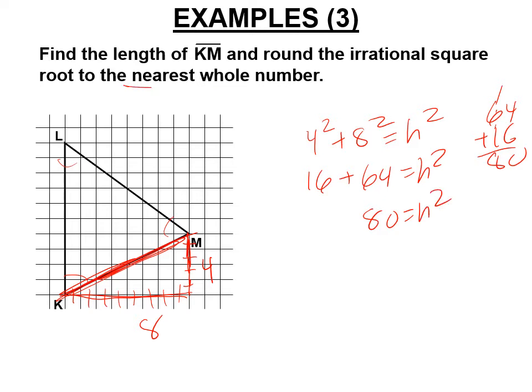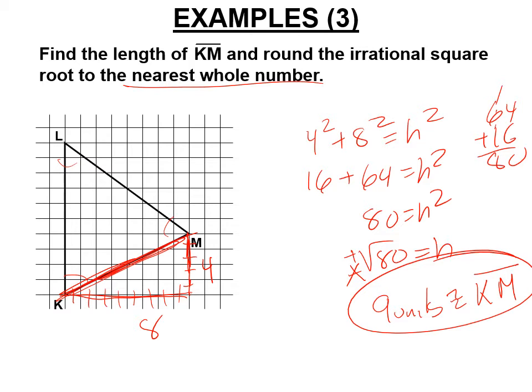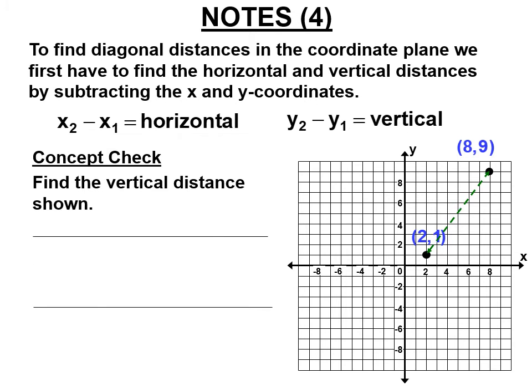All right, it says round to the nearest whole number, right? Well, the square root of 80 is the answer. And well, we know the square root of 81 is 9. So this is approximately 9 units long for KM. Right? Square root of 81 is 9. This is a little less than that. Okay.